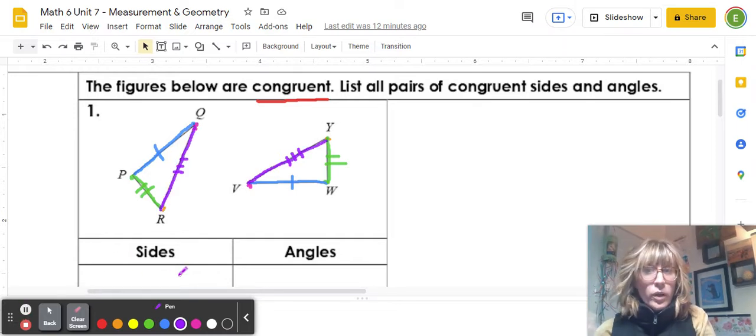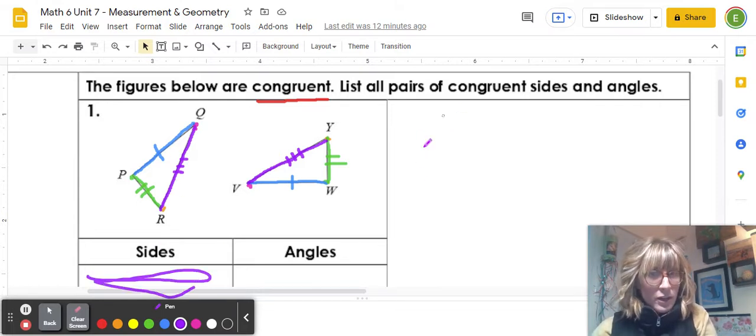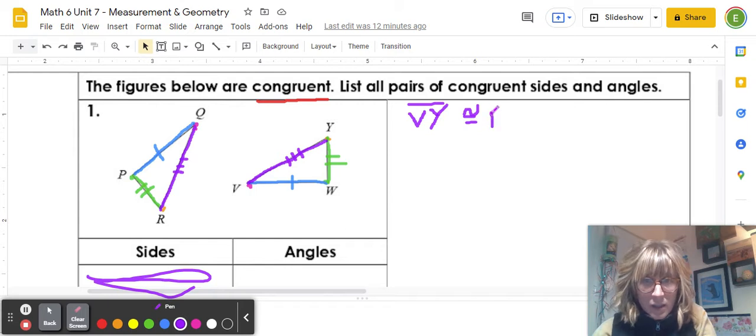All right, so what can that tell us about our sides? Well, you can write it down in this space on your paper if you want. I'm going to write it over here because I have more room. We can say that this purple segment VY is congruent to segment RQ.